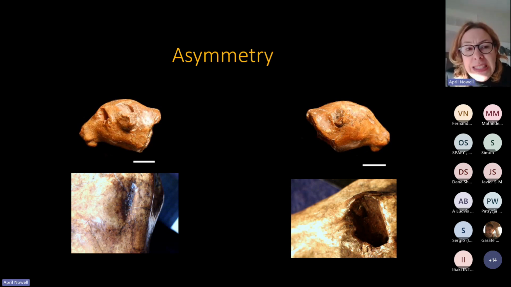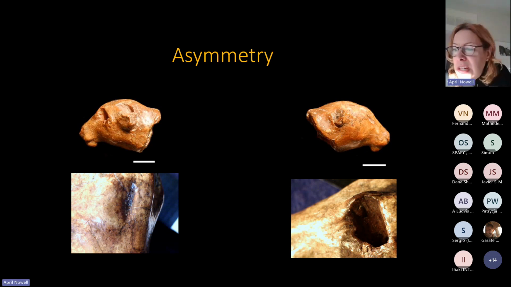And so when you look at this little lion's head, for example, on one side, you see just a slit for an eye. They've made just a very simple engraving on the surface to make that eye. But on the other side, the eye is fully perforated. It goes all the way through the head.